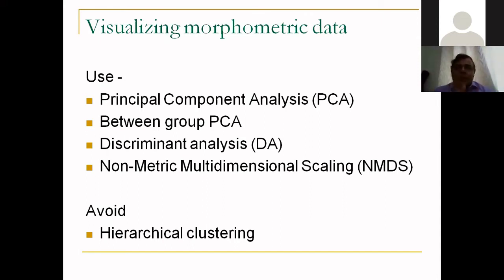Hierarchical clustering itself has a lot of issues, especially when you have such morphometric data in your hand. I'll not go into details of it, but it has a topological problem. So we'll try to avoid those methods. The best methods that you can use to look at your multivariate data are methods like PCA or between group PCA, discriminant analysis, and non-metric multidimensional scaling.